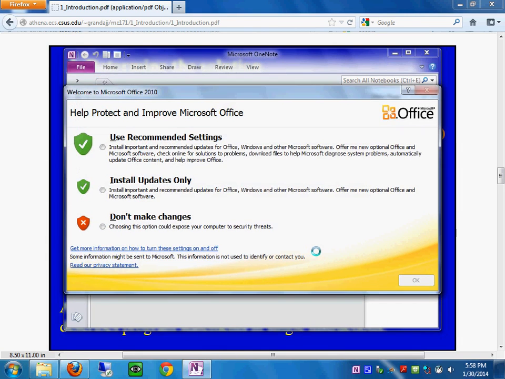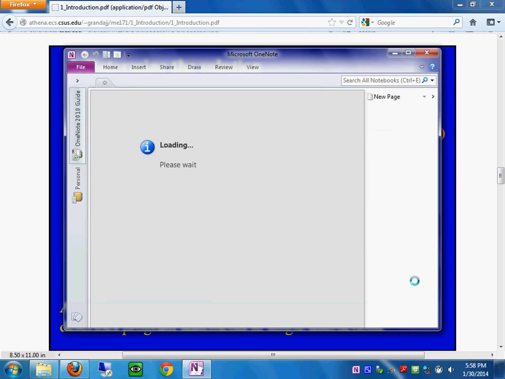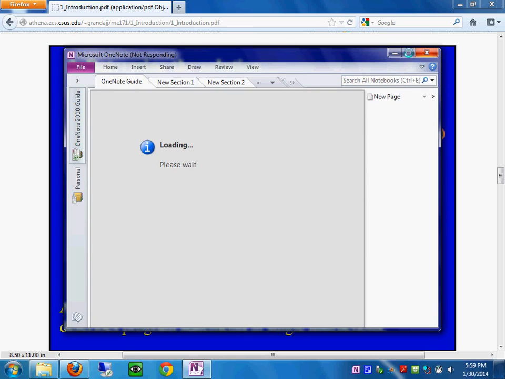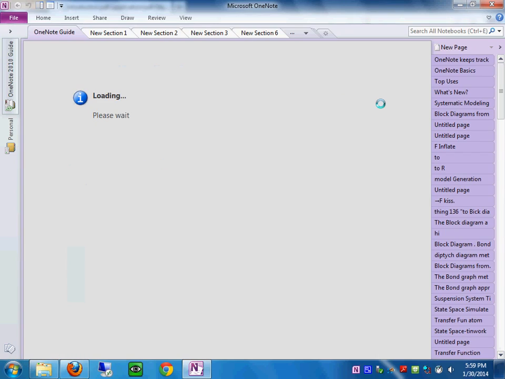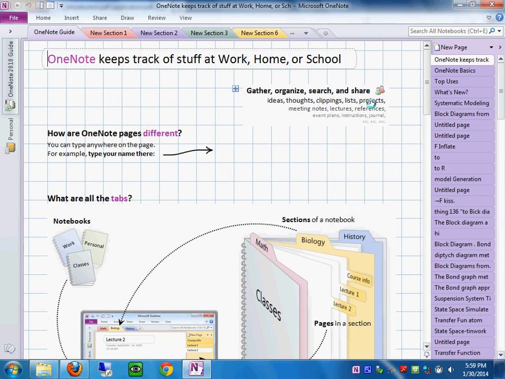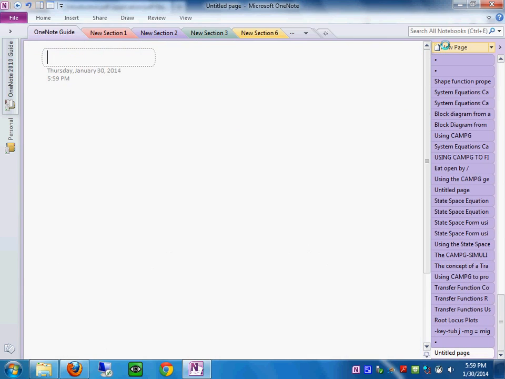Okay, so this software allows us to create notes and basically will replace the blackboard as we go along. Because now I can write on this and you can actually see it, and you can play it later on if you like.